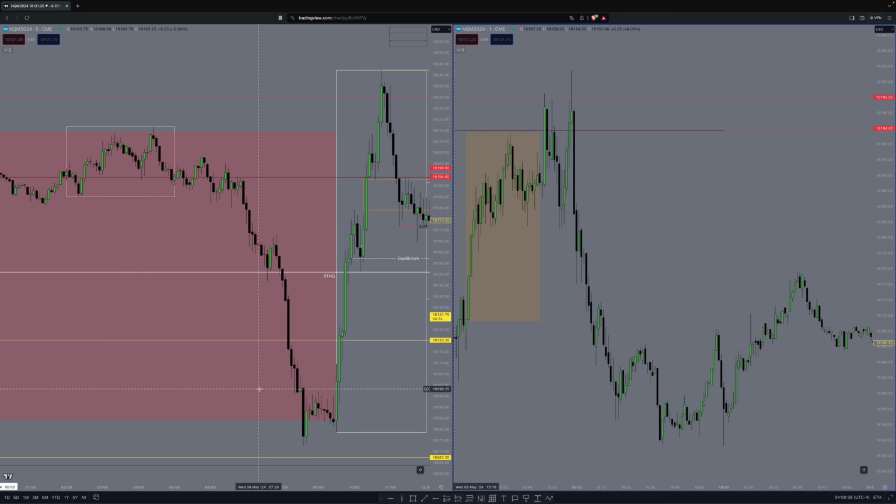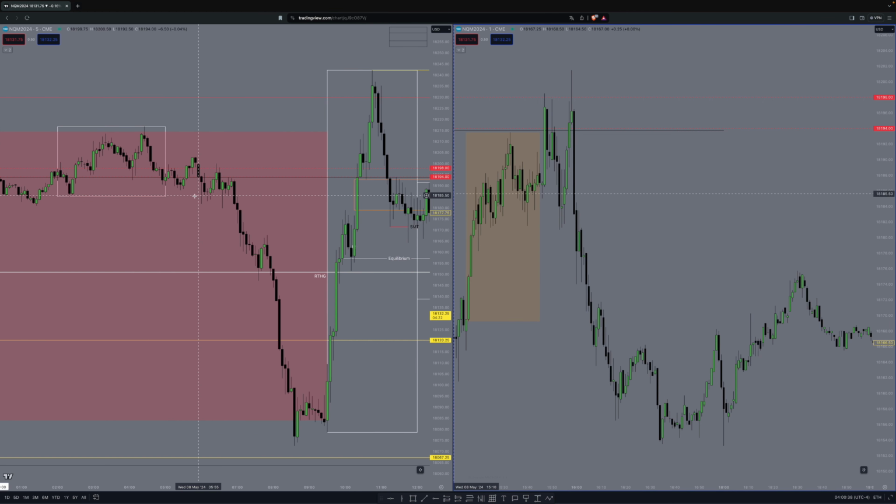So we can see all this new regular trading hour gap. We traded down here after London. Didn't find anything good pre-market, and after 8:30, I was looking at this.